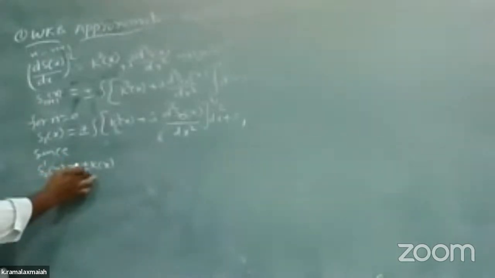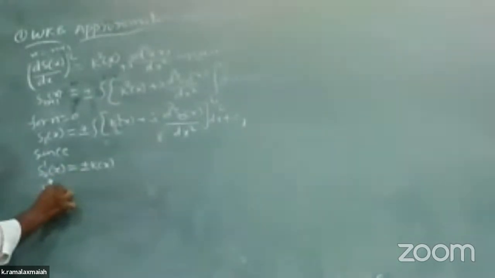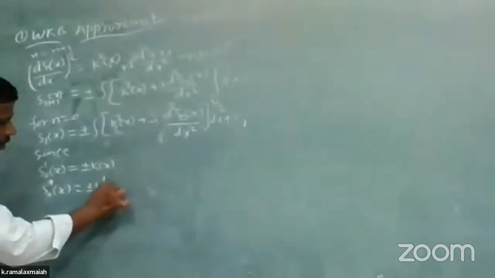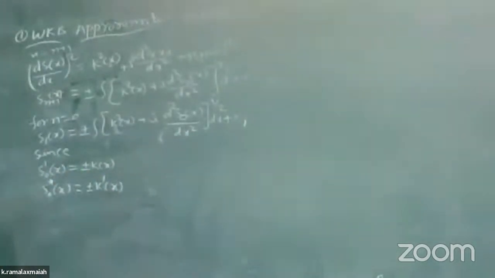So of the value here, S naught of x is equal to plus or minus k of x, and S naught dash of x is equal to plus or minus k dash of x. Okay.